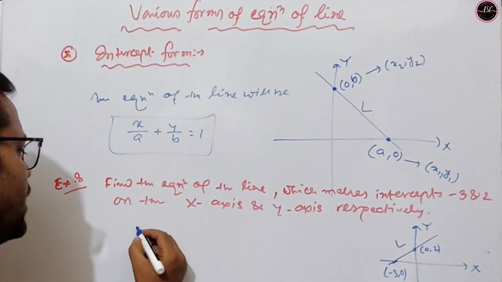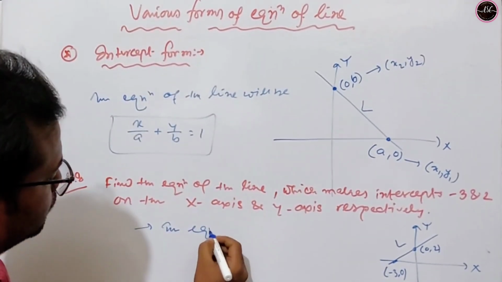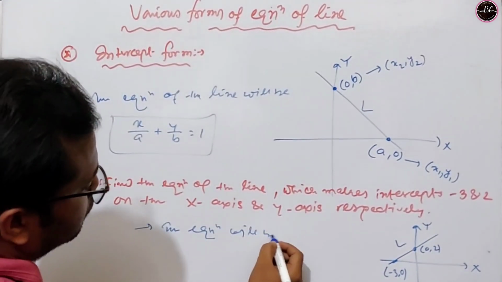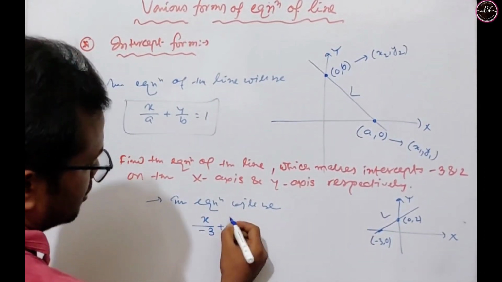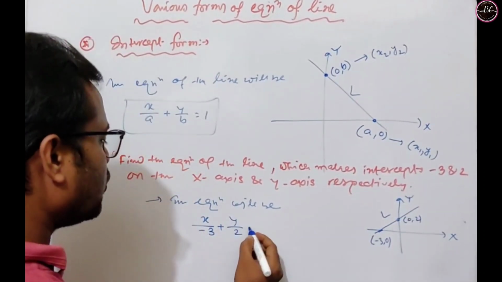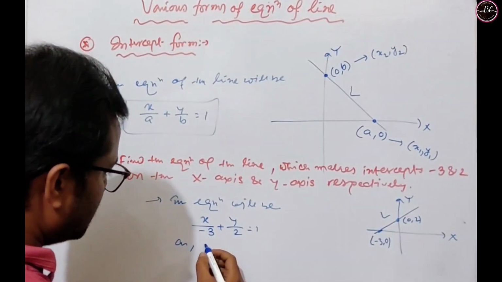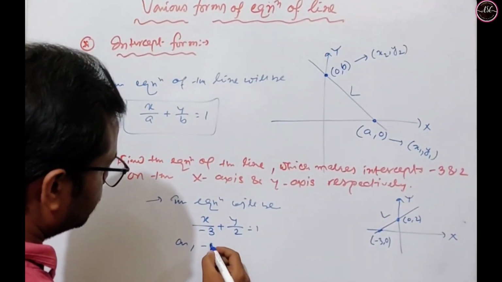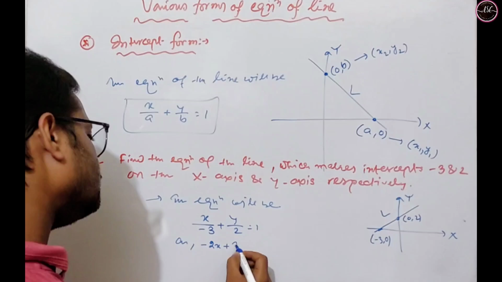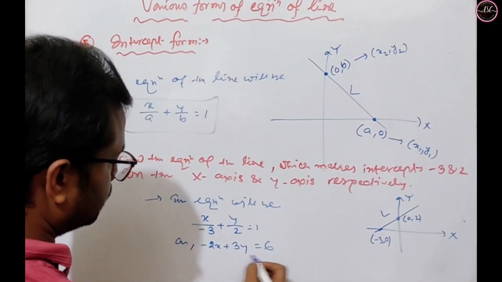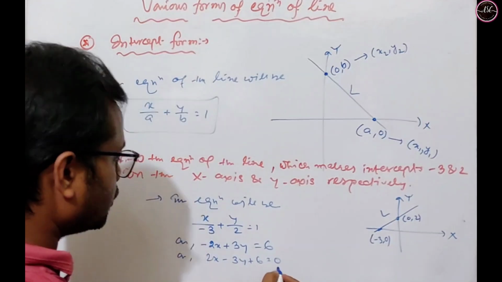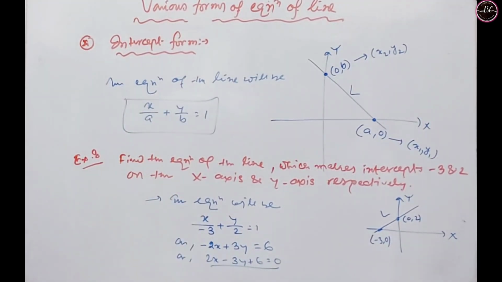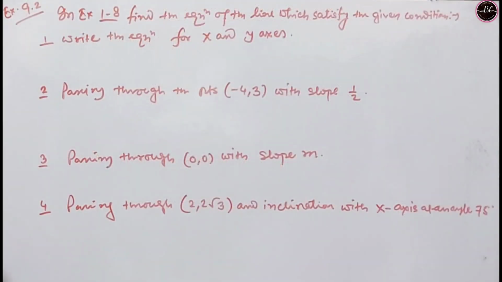So the equation will be x divided by minus 3 plus y divided by 2 equal to 1, which simplifies to 2x minus 3y plus 6 equal to 0. That will be your answer.